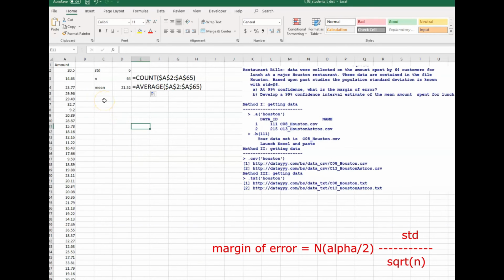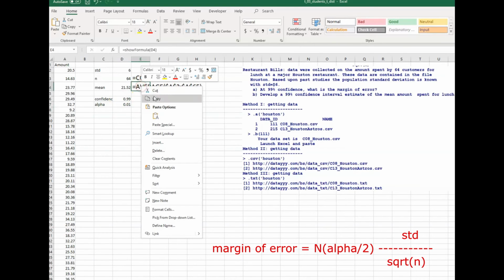Then we calculate confidence. Confidence is given as 99. The alpha will be equal to 1 minus confidence level.